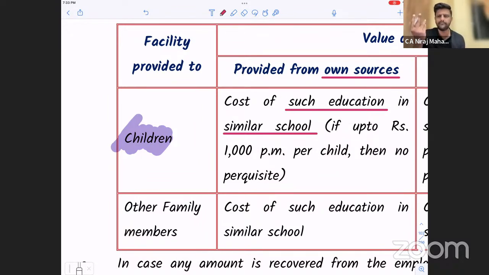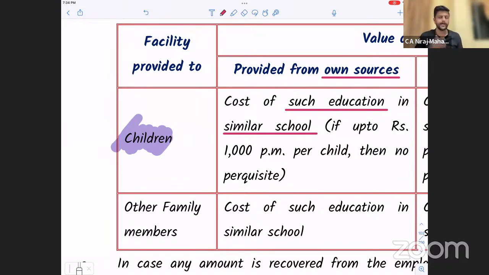So depending on the level or quality of the school, it is made by the employer. That's why we'll take fair market value. Are you understanding, fair market value or no? It means we are comparing a similar school. What is the cost? That cost will be the fair market value and taxable in the hands of the employee.